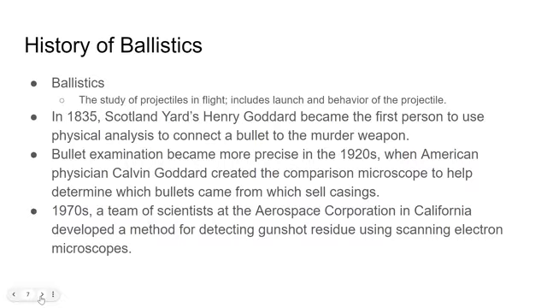The comparison microscope is huge because it allows you to look at side-by-side pictures of a bullet that was collected from a crime scene and one that was fired into a water tank. The markings on them should be completely identical if they were fired from the same weapon. The scanning electron microscope is really cool because it allows you to detect even the smallest changes in things due to those electrons, which are one of the smallest units of matter.